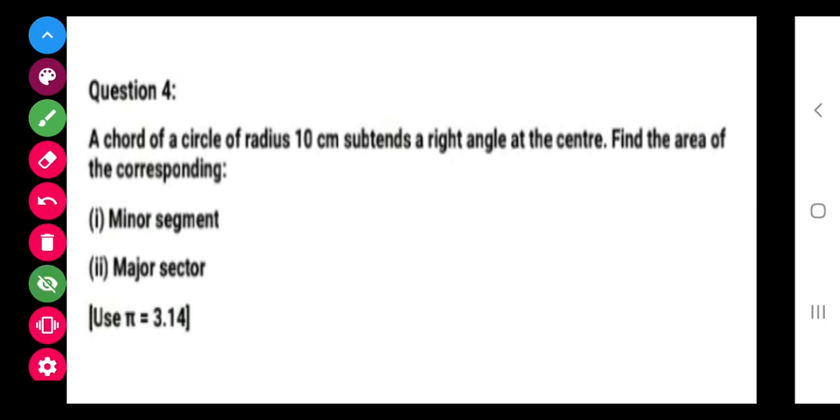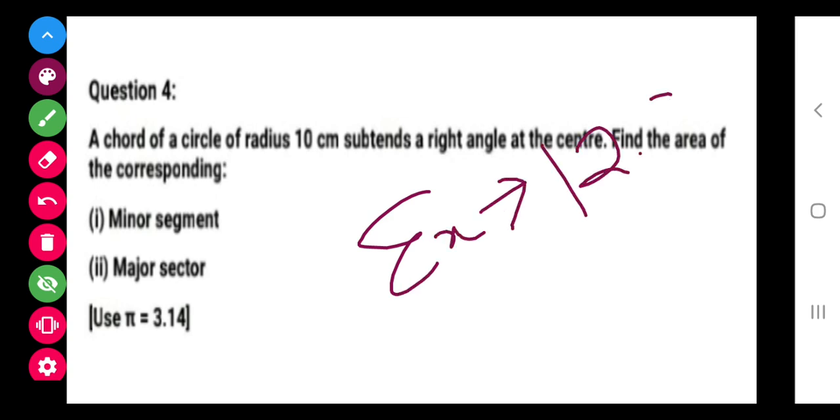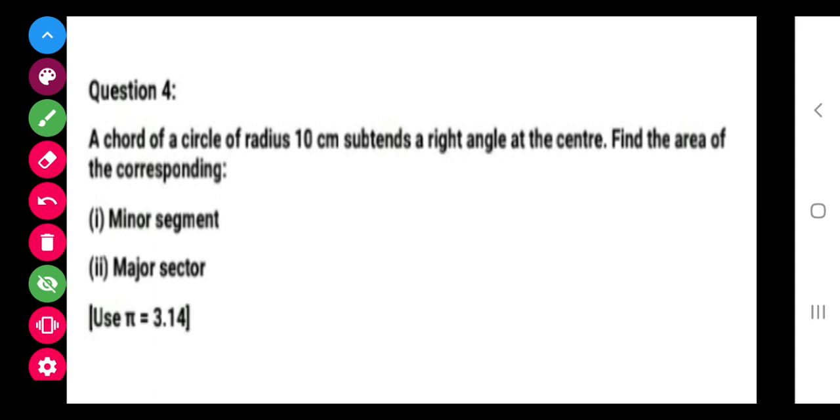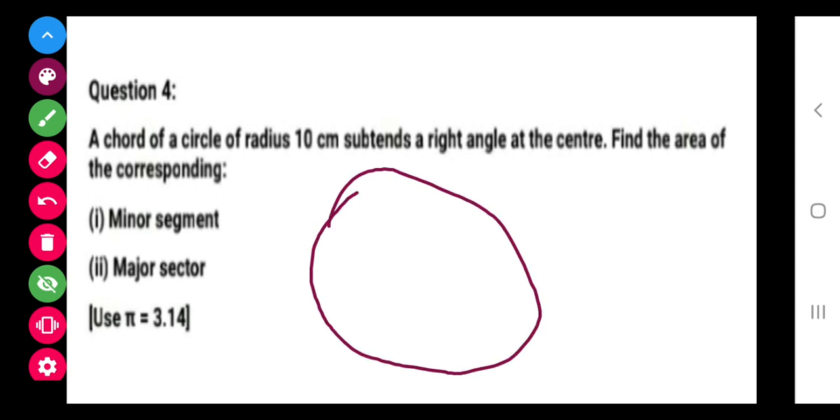this is from the same exercise, that is 12.2, and this is the fourth question. Till third we have done. So class, a chord of a circle of radius 10 centimeters subtends a right angle at the center, something like this, and this is the chord and it subtends a right angle at the center.